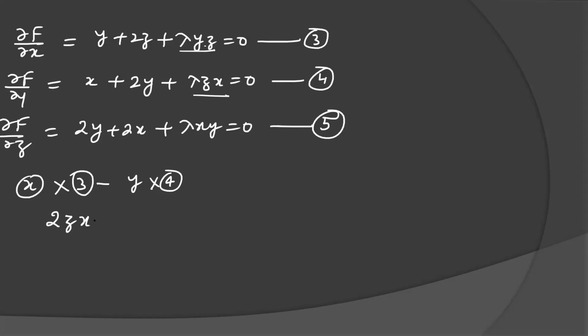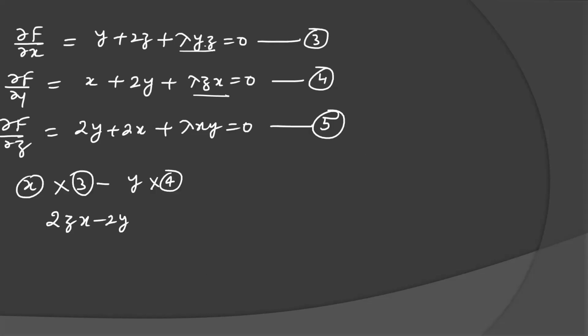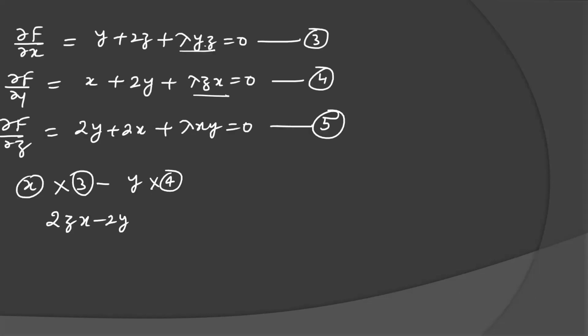So 2zx minus 2zy will be 2z times x minus y equal to 0.